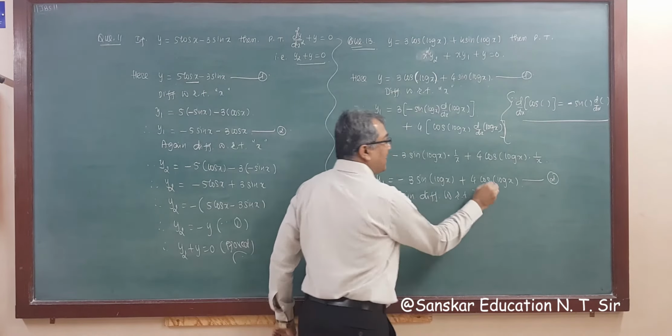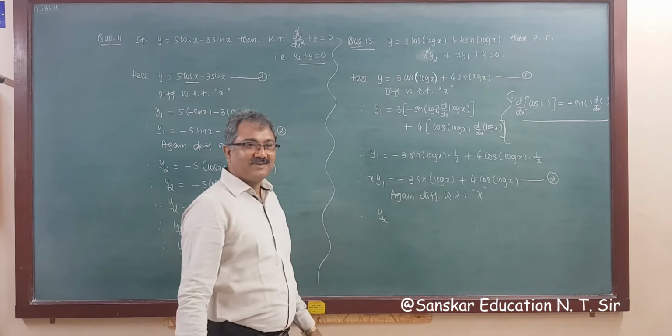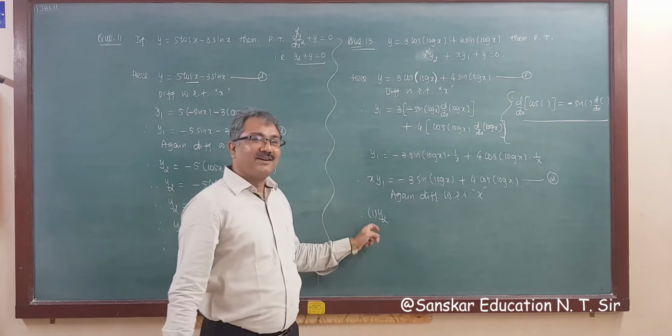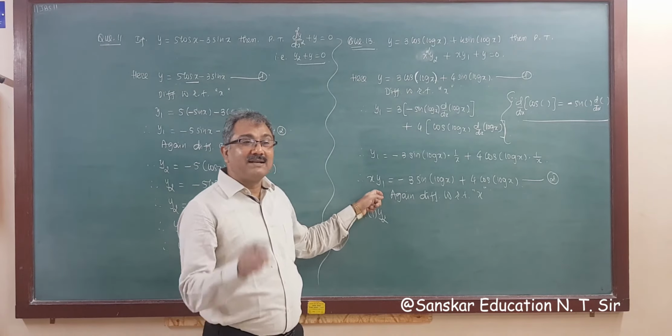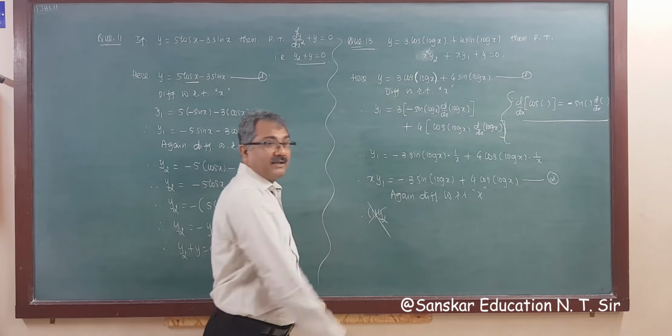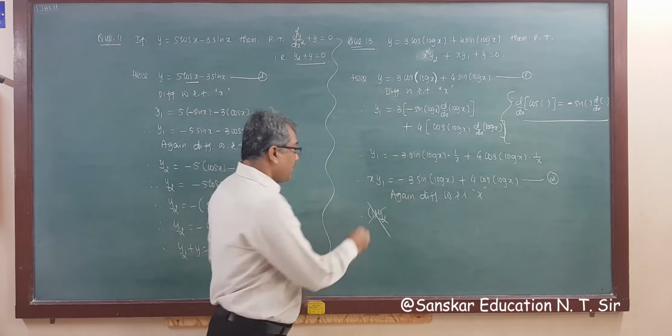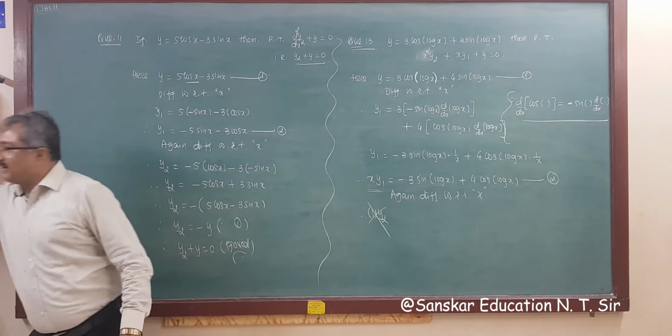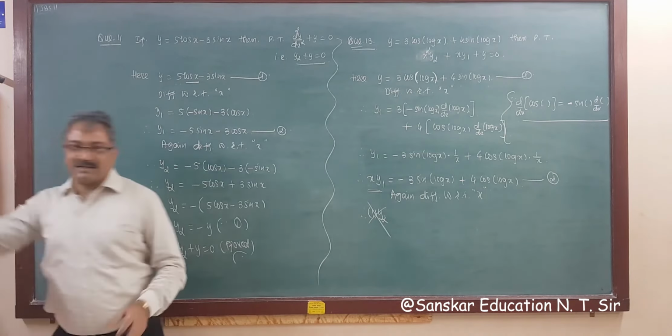Now the answer of this is not simply y2. If you are writing the derivative of x y1 as y2, that is the wrong answer. Keep in mind, this is not one function, this is a multiplication of two functions.